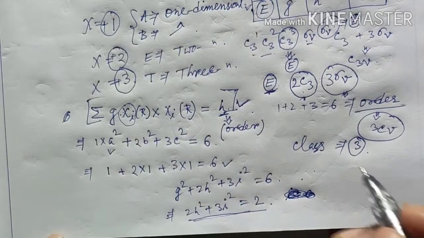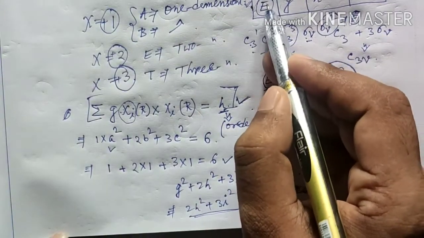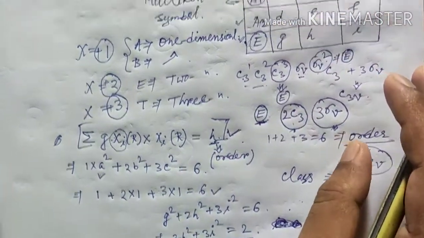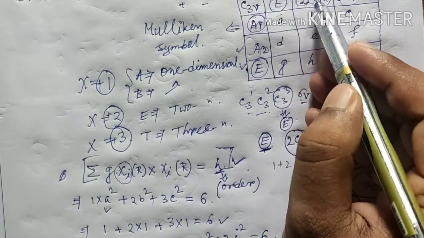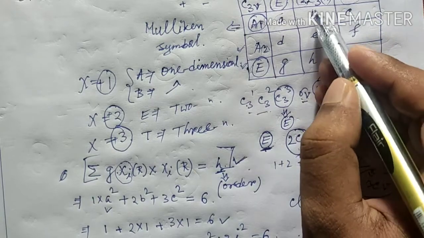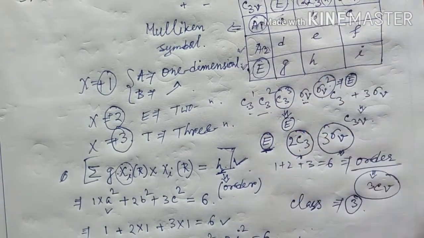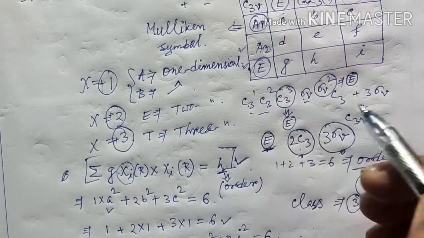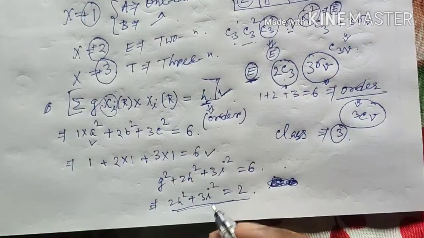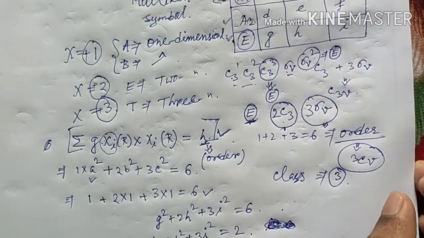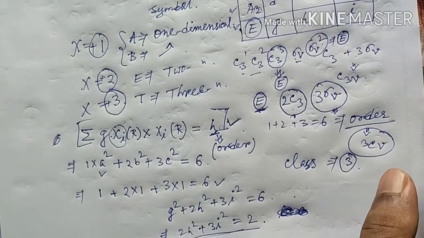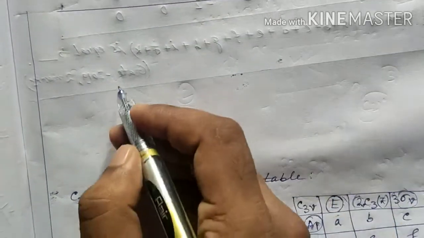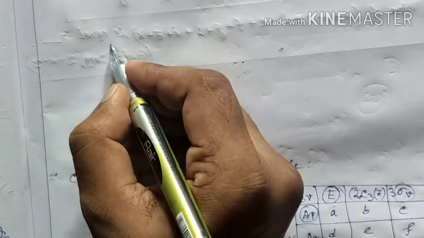Now in this case, since it is the E operation, you cannot say, as previously for the A1 case, depending upon the principal axis and sigma v plane, that the character is +1 or -1. So to calculate the values of h and i, you have to apply some other rule, and that rule I am telling you is known as the great orthogonality theorem.